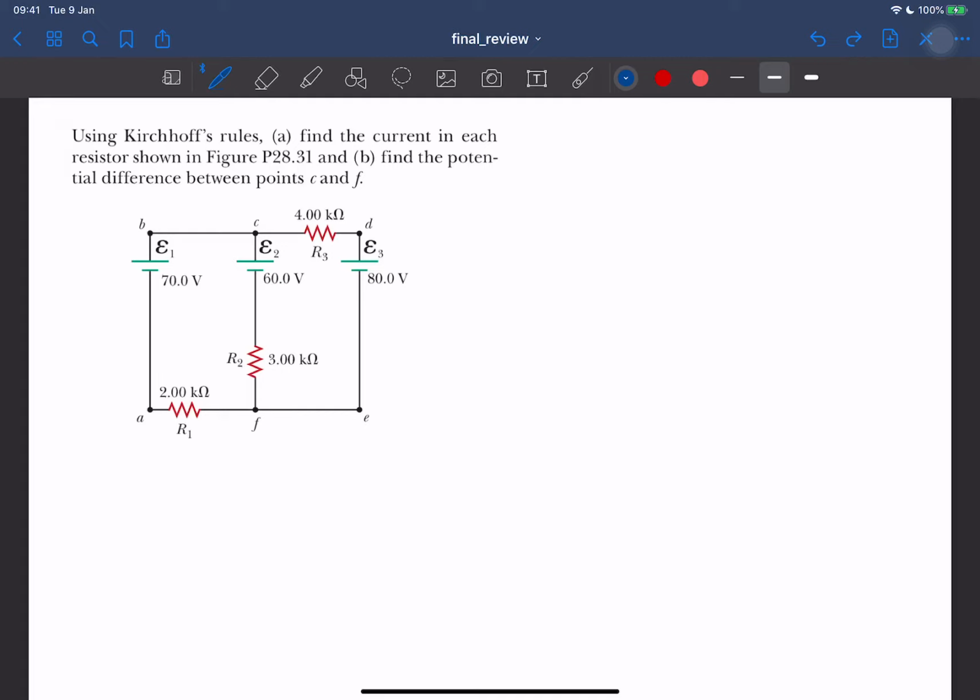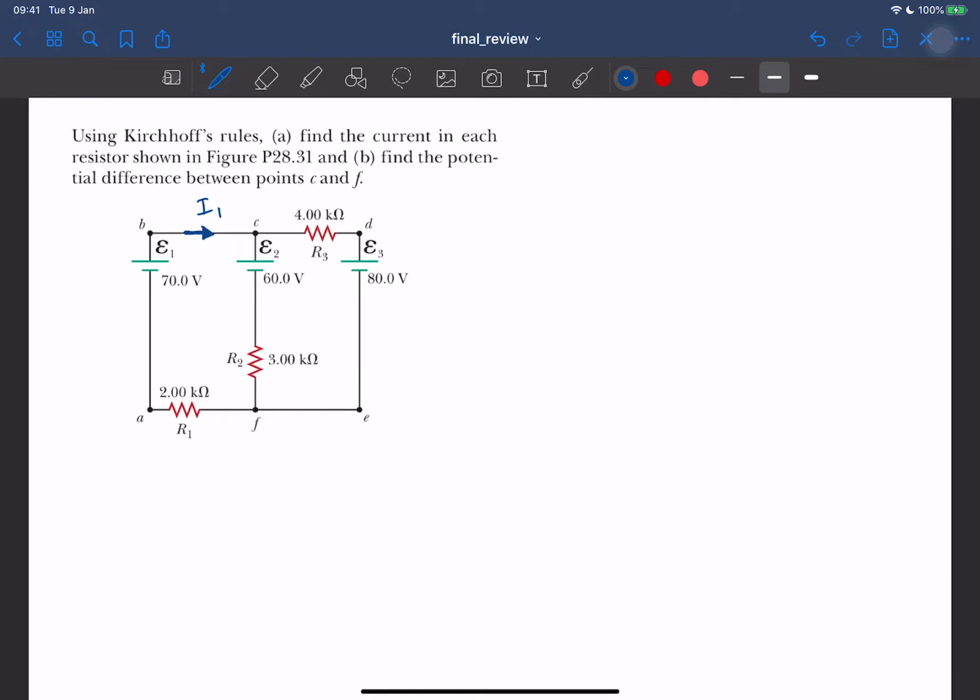So if I say the current in this branch is flowing, let's say, this way. When you do this, don't worry too much about exactly what the direction of the current is, because if you get the current direction wrong, you get a minus sign in your answer, so you just flip it in the end. So there's nothing bad about that.